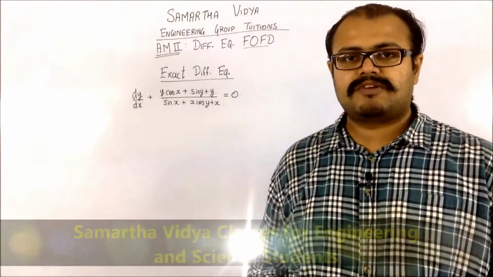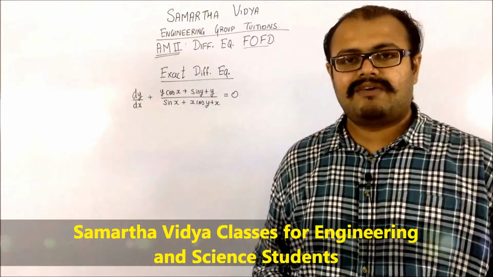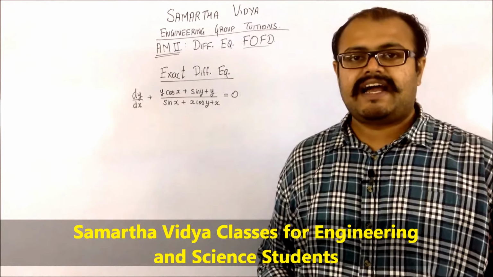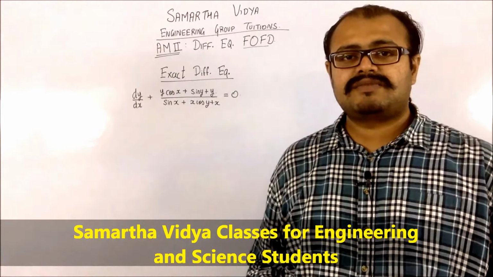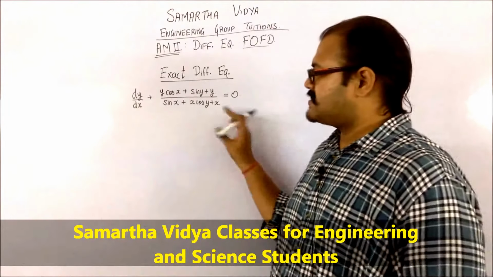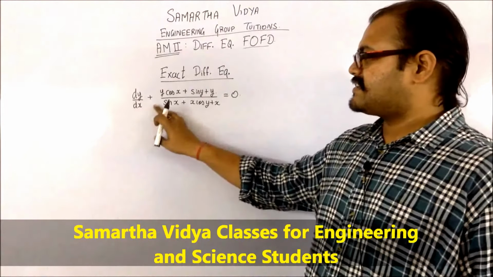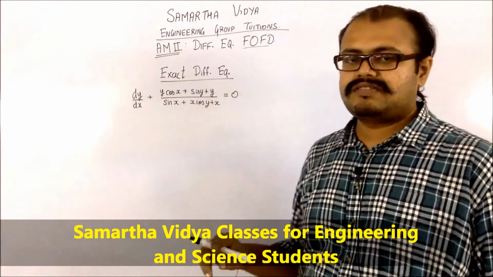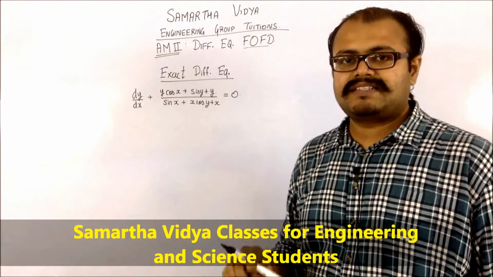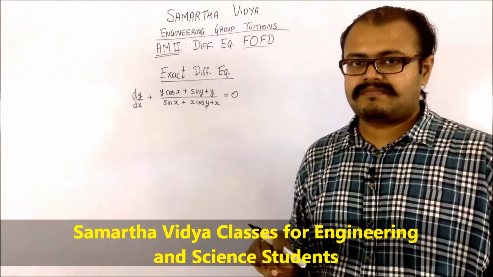From this problem, we will try to understand how to verify whether the equation is an exact differential equation, and if it is, what the methods to solve it are. We have this question which is dy by dx plus some function is equal to 0. First of all, we have to bring it down to the M dx plus N dy is equal to 0 form.